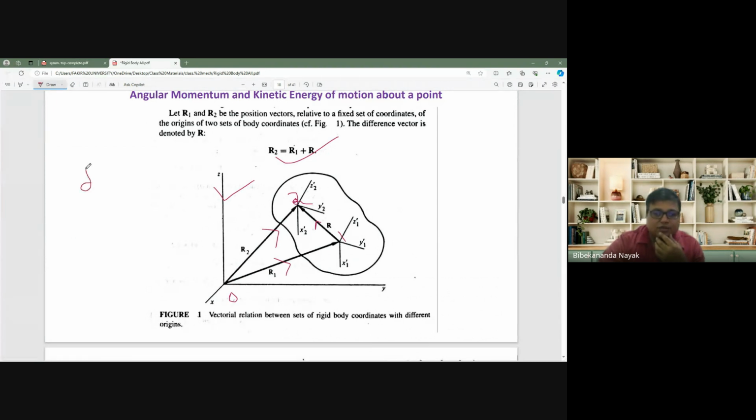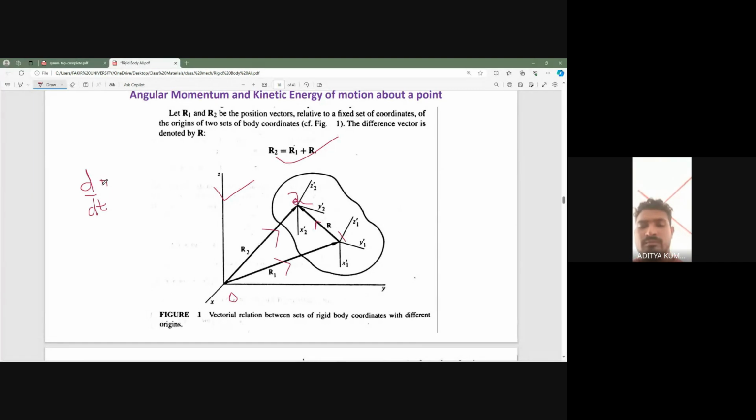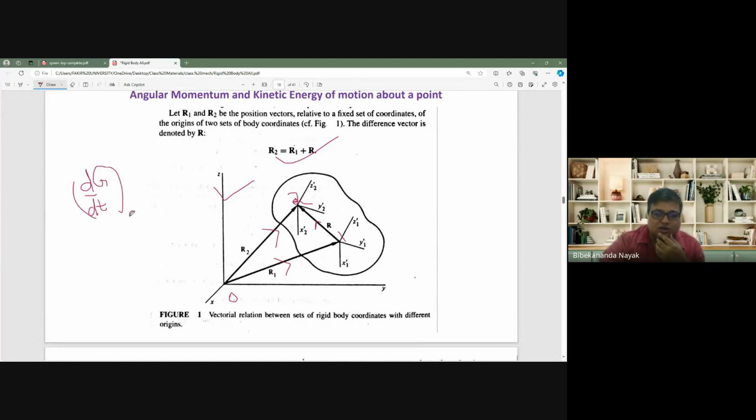Actually, the variation of any vector G: dG by dt in the space coordinates, space meaning outside, if the body is rotating with angular velocity omega, is equal to dG by dt in rotation plus omega cross G. For any vector G, be it R or any other, this is the general formula. The space and rotating, or body set and space set, are related by this equation. Okay.